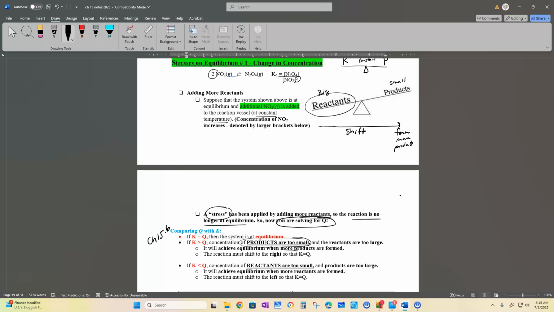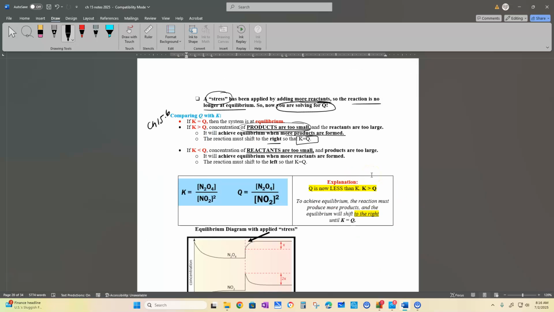By forming more products, I get a new equilibrium, shifting to the right so that my K equals Q. Or vice versa, if I have too few reactants and too many products, I'm going to have to form more reactants, shifting to the left, and so forth.